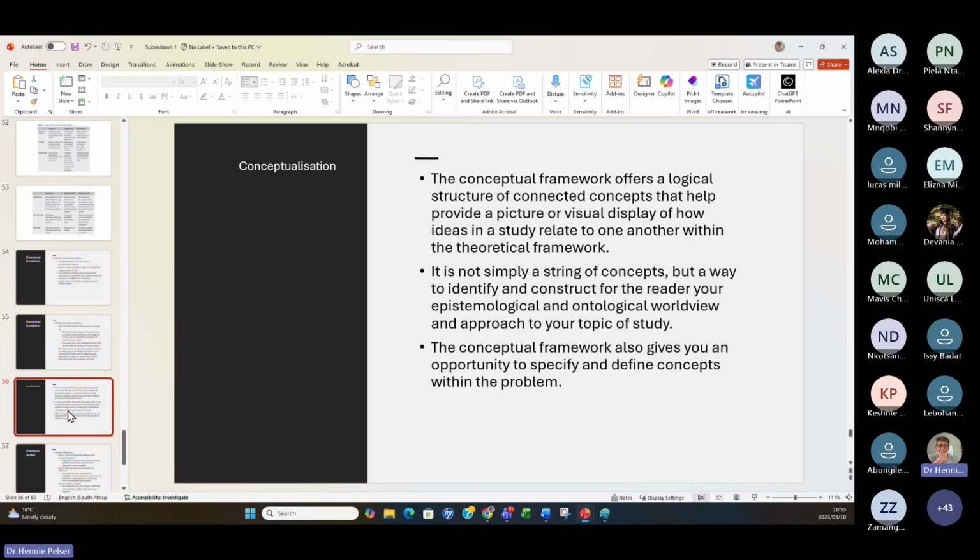Right. So, in terms of the conceptualization, those are key definitions that you need to understand or that a reader would have to understand in order to effectively read a particular paper. So, here you look at those key concepts that are core to your particular paper. You'll identify the concept. You will define the concept using a proper academic reference.